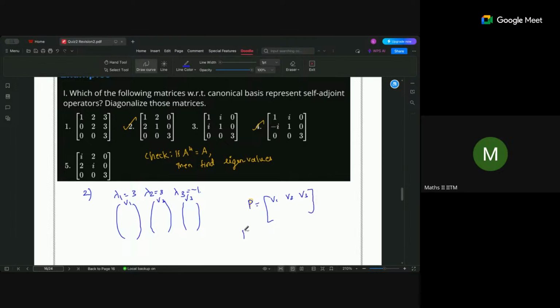Then P times the diagonal matrix with 3, 3, minus 1 and the other entries 0, times P inverse, gives you the original matrix. Okay. So this is how you usually do the diagonalization.